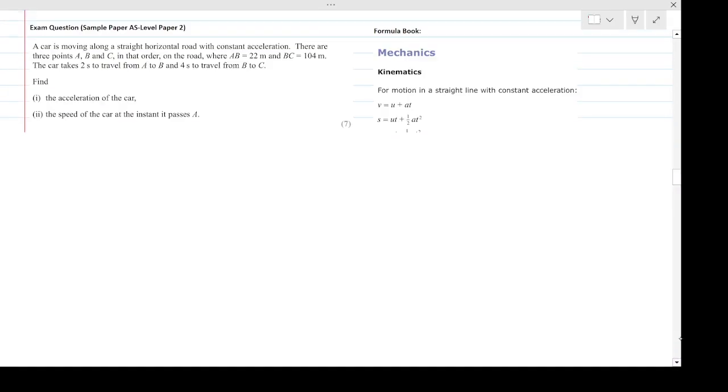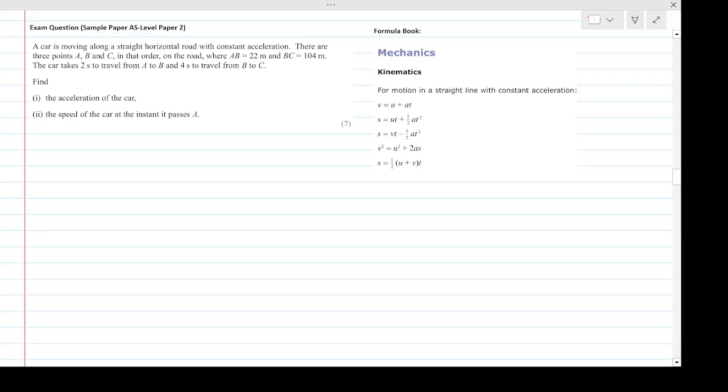Okay, cool. We've got this more complicated exam question. Here we're told a car is moving along a straight road. Again, let's draw a little road, a little line, with constant acceleration. There are 3 points: A, then B, then let's say C here.